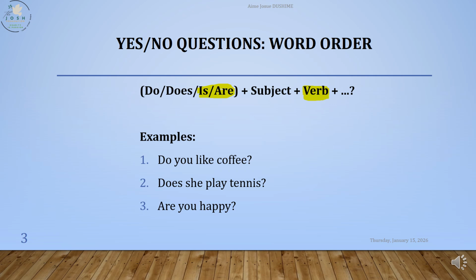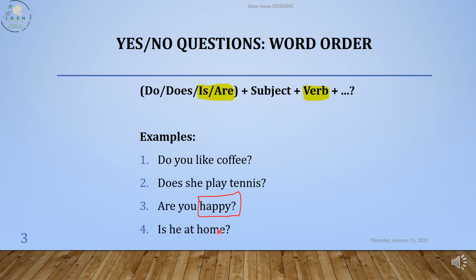In that case, don't be fooled by putting a verb there. When we use auxiliary am, is, are, always remember to put a noun or an adjective, which is the reason here in example number 3 we have happy. Happy is an adjective, it is not a verb. So don't be fooled or confused.